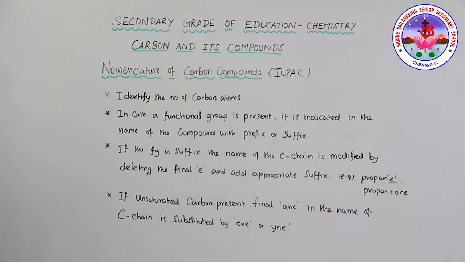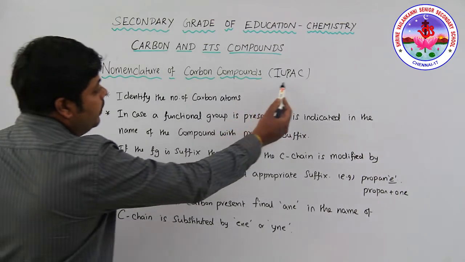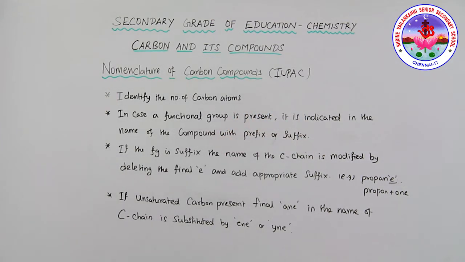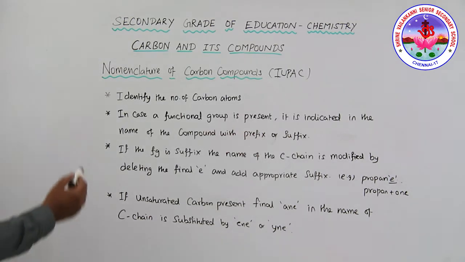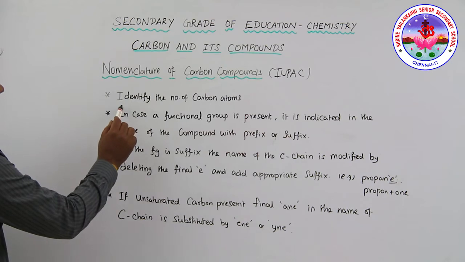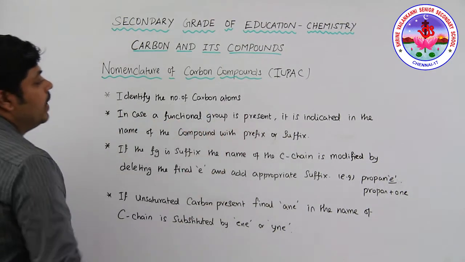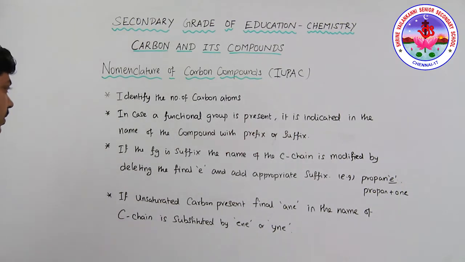Now, the nomenclature of carbon compounds is also called the IUPAC system, the International Union of Pure and Applied Chemistry. The basic rules: first, identify the number of carbon atoms in the chain.